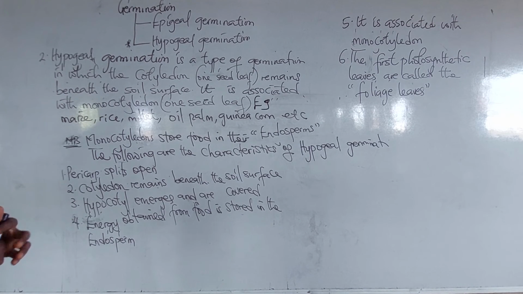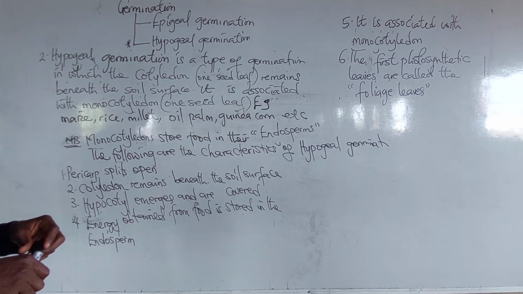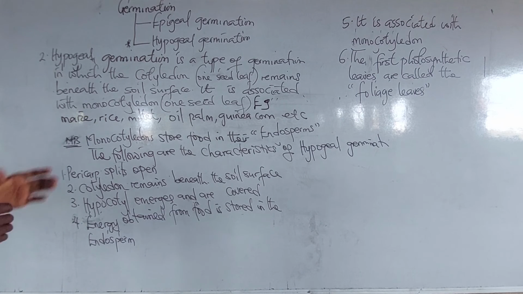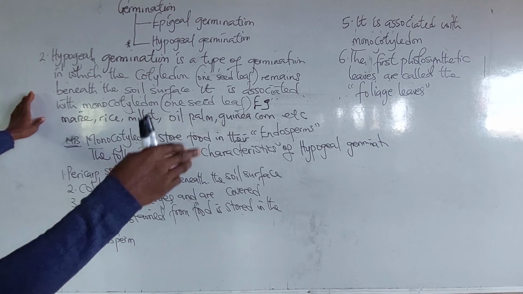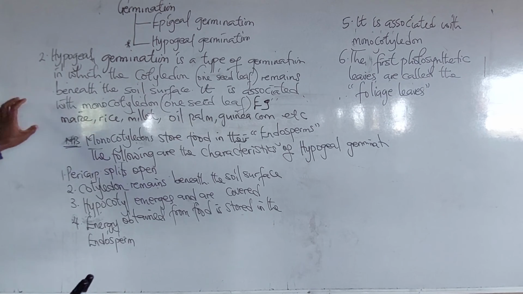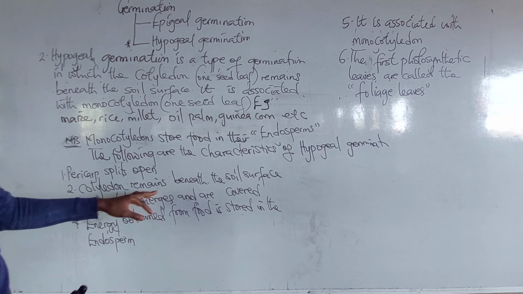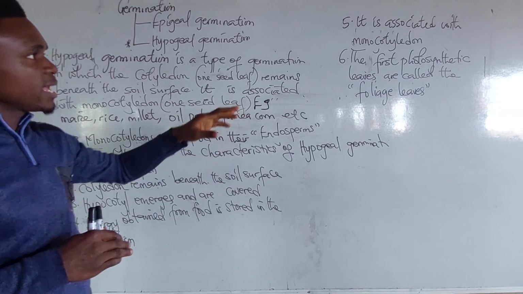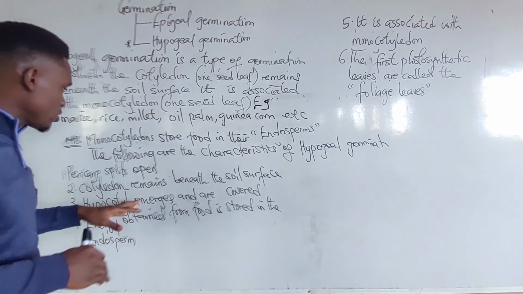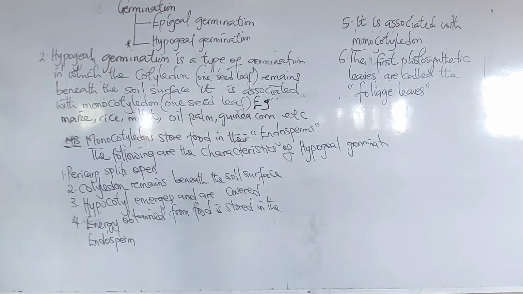In case you are asked in 5 ways to differentiate epigeal germination and hypogeal germination, I believe you know what to do. In epigeal, testa splits open. In hypogeal, pericarp splits open. Two, in epigeal, the cotyledons are taken above the soil surface. Then in hypogeal, the cotyledon remains beneath the soil surface.